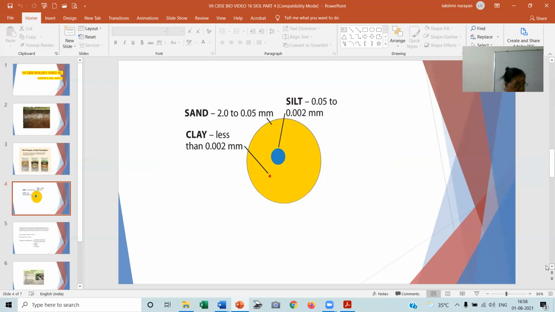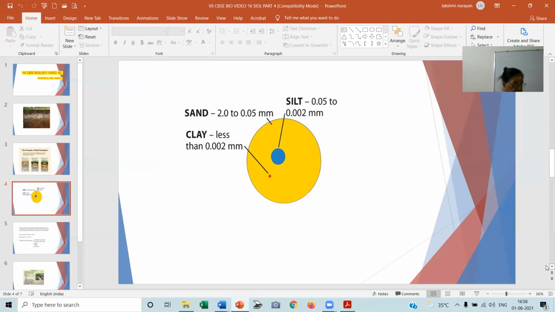Normally gravel is of size 4.75 to 80 mm diameter. These are all the sizes of the soil particles, their diameters.